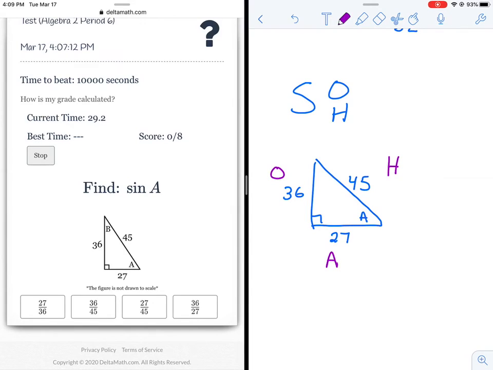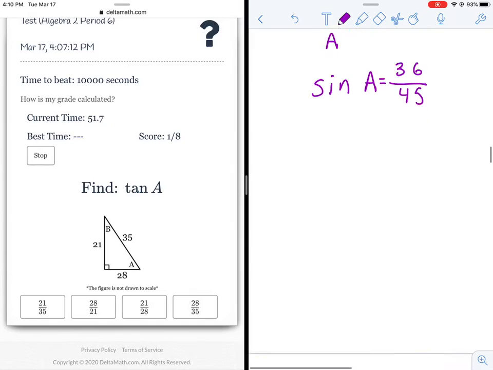So if I want to do sine of this angle A, I'm using this angle here, and I want to do opposite over hypotenuse. So my opposite is 36 and my hypotenuse is 45. So 36 over 45. Again, it goes right away to the next question.